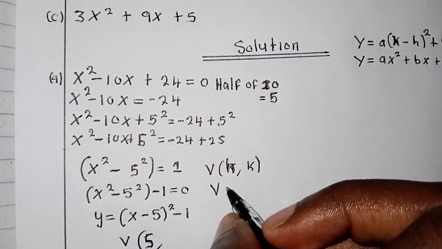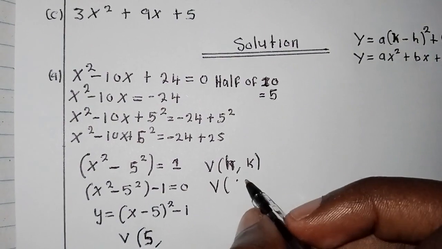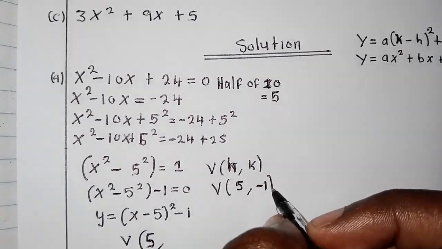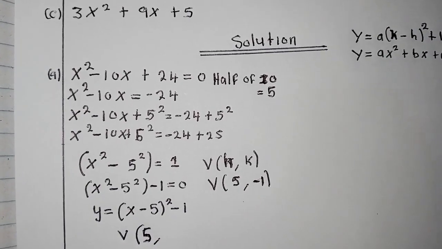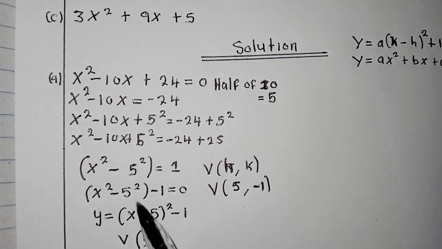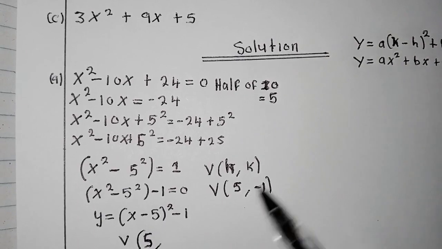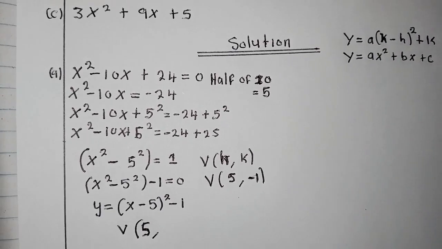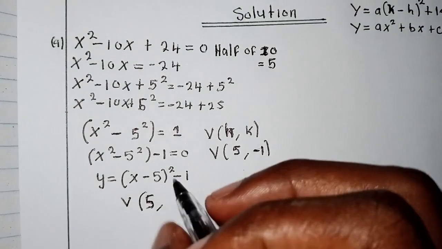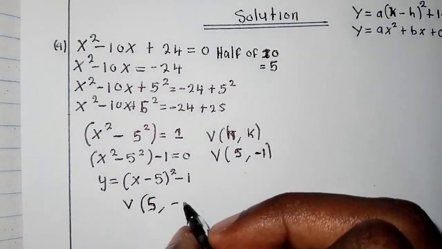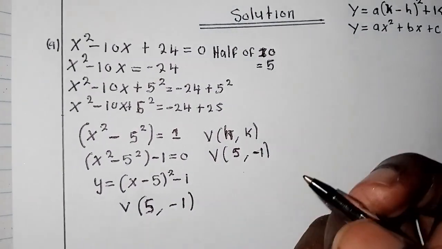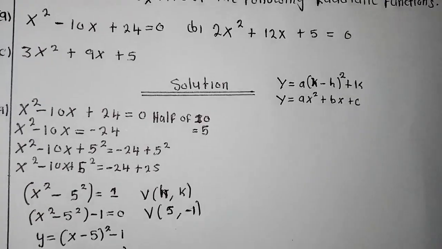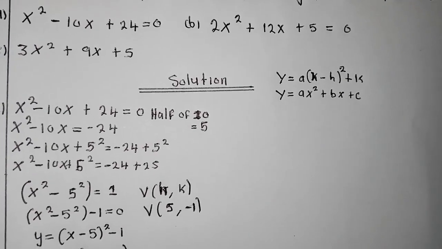So in this case, our h is simply 5, then our k is simply negative 1. Okay? Don't be confused. It must be in this form. That's the standard form. There's a negative, so if there's a positive here, then it's going to be negative here. So you don't get confused by that. So here we're going to put our negative 1. So it's just a basic foundation. Let's get to B fast.